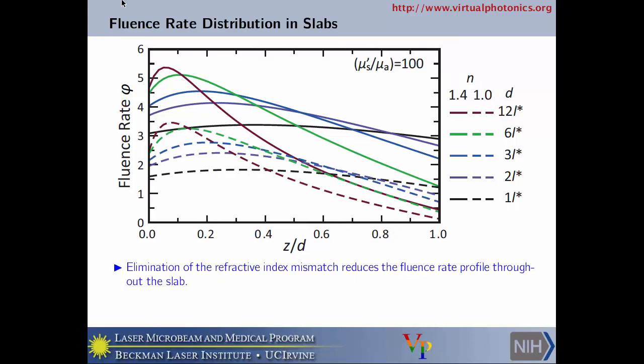Now this is a bit different, and then we can look at the effective refractive index mismatch. So in the cases where you have a matched boundary, you have less sensitivity to reflectance. There's not as much light coming back because there's more light that's transmitted out the backside.